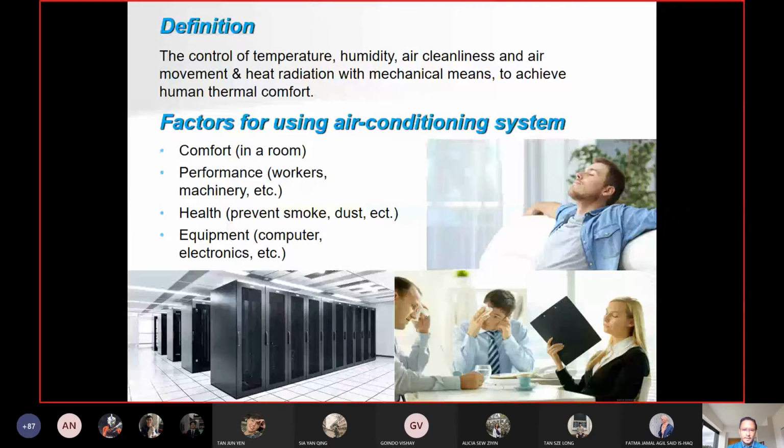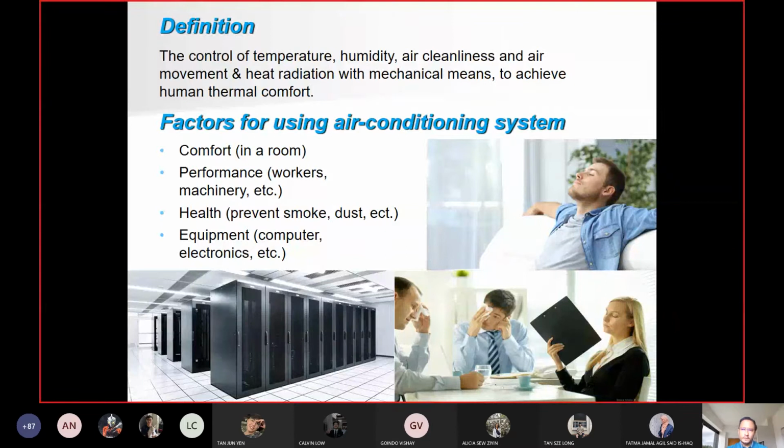But an air conditioning system involves a lot more control, and it involves the element of temperature. In ventilation, you cannot control the temperature. If the air from the outside is hot, then you bring in hot air from the outside to the inside.